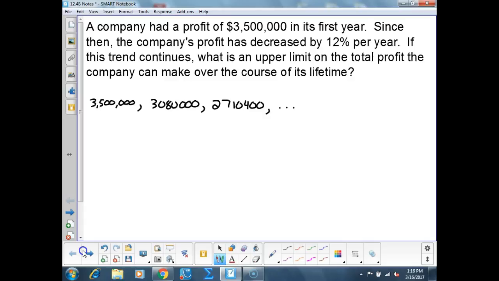Okay. So my question to you is this. Is this an R case or is this a D case? It's an R case? Why is it an R case?